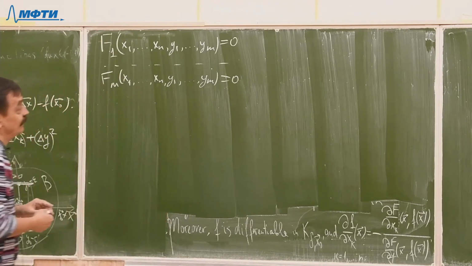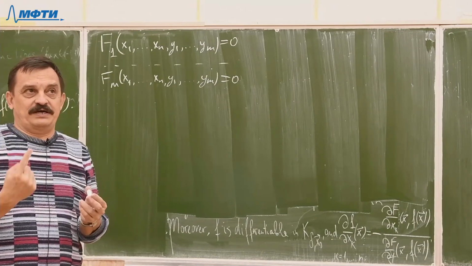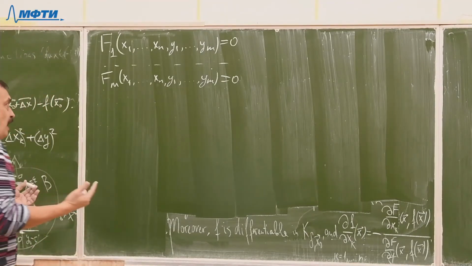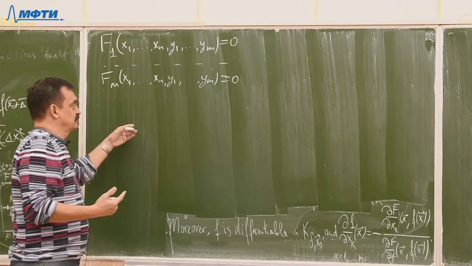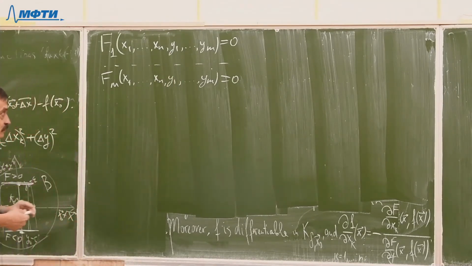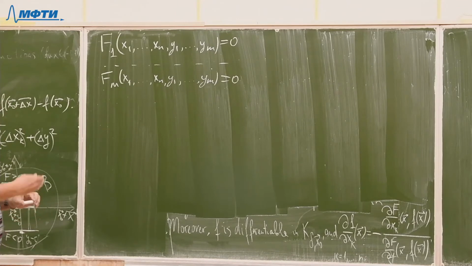Now, before we had the partial derivative of our one function with respect to the last variable, right? So now we have many functions and of course many partial derivatives. And what to do? It turned out that the replacement of a partial derivative will be the so-called Jacobian determinant.